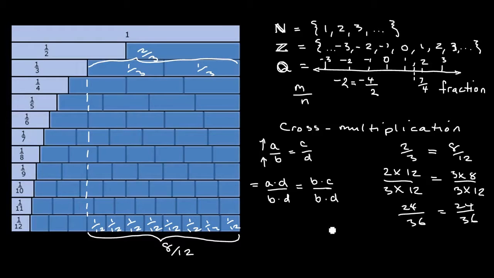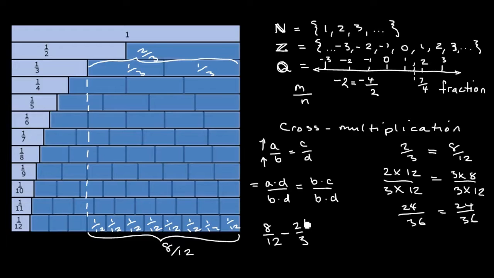Now, in a later video, we'll question that. Cross multiplication isn't always the best way of working. And here's a good example of that. If, for example, we were to change this to a subtraction, let's swap them around and say 8/12 subtract 2/3, then I don't think we'd really want to go up into 36.